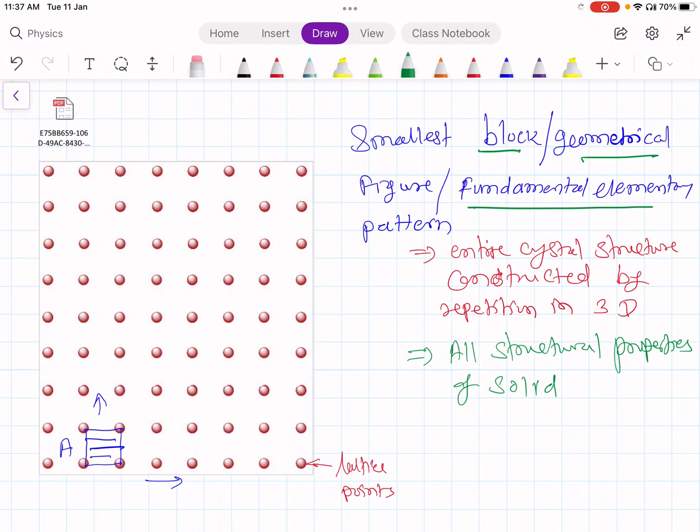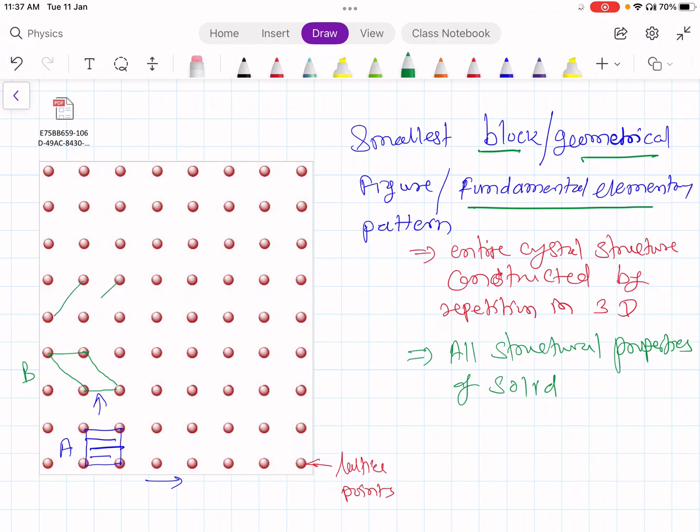Another way, I can select a unit cell like this. Let's say this is my unit cell B. You can see that repetition of this also gives the entire space lattice. This space lattice doesn't mean these many points only. There is an infinite array of points in two dimensions.